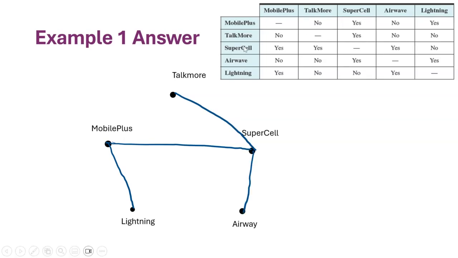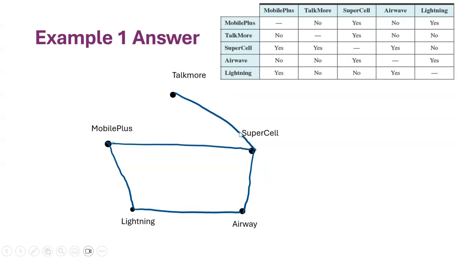And when I went to the row of Supercell, I have a connection between Mobile Plus and Talk More and Airwave, but I had already done 2 of those edges, so I don't need to add an extra one. You already see the connection between Mobile Plus and Supercell is already there. And so it is with Talk More, so I don't need to add an extra edge for those ones. Only with Airwave, which is why only one line was created.